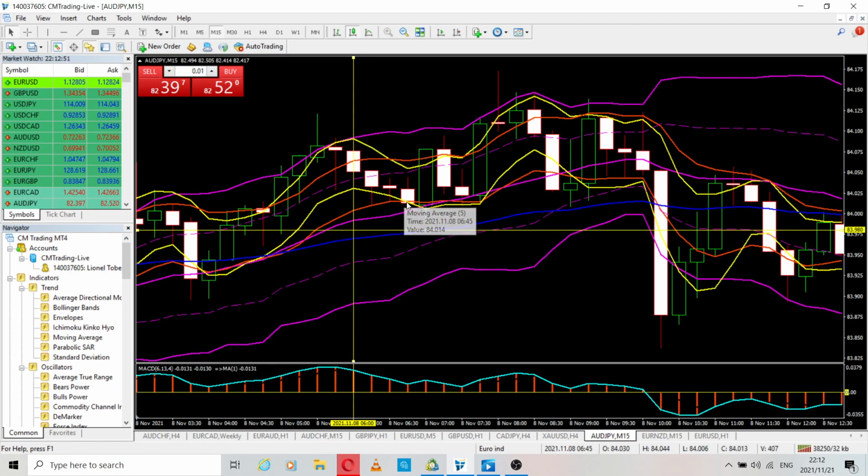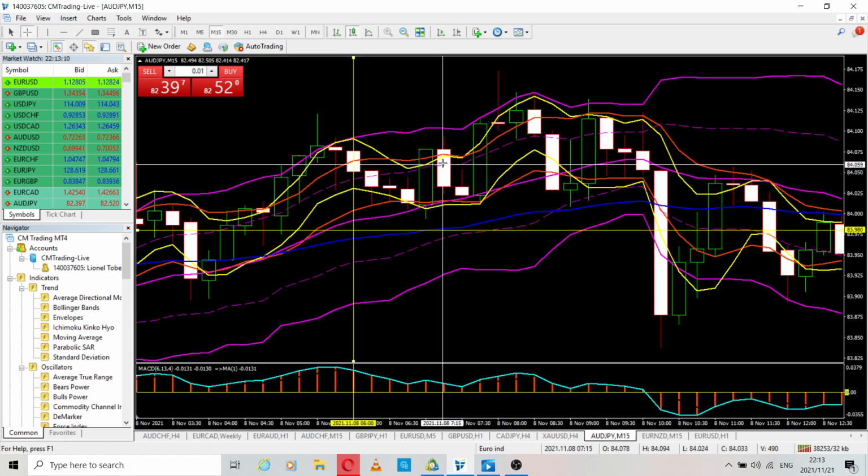So once it closes below your low, remember we are still looking for an extreme, or an MLV. So we know that we are still looking for an extreme.